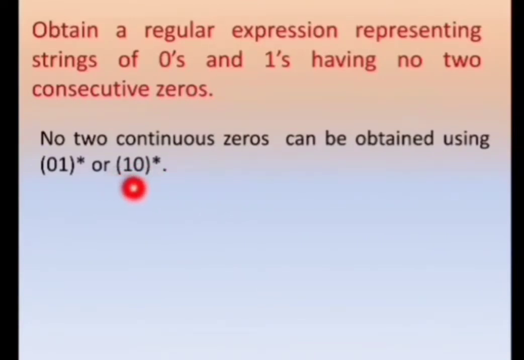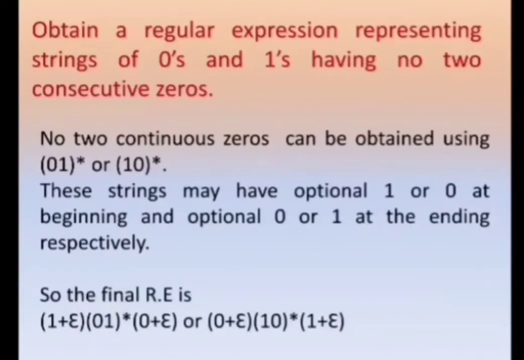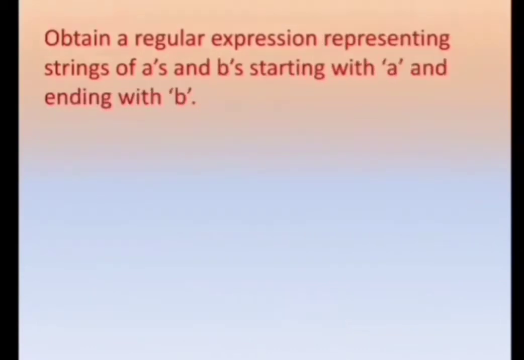Similarly, the string 10 may have an optional 0 at the beginning and an optional 1 at the ending. So the final regular expression is (1+epsilon)(01)*(0+epsilon), this can repeat any number of times, with an optional 0 at the end. Similarly for the other combination 10, we have an optional 0 at the beginning and an optional 1 at the ending.